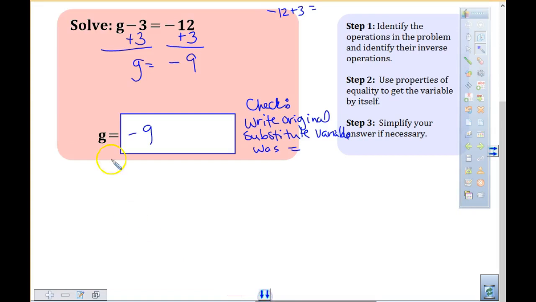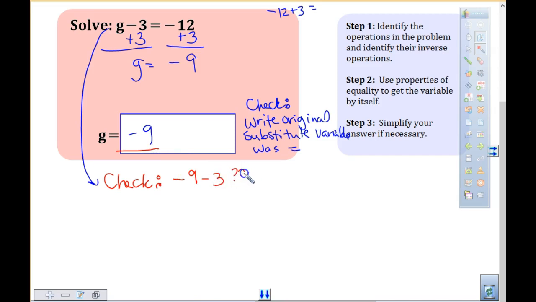So, if I look at this equation, I'm going to write down here the word check. So please, in your workbook right below this, write check. This is what I would see. Instead of writing G, what was my G equal to? G equals negative 9. So we put negative 9 minus 3.